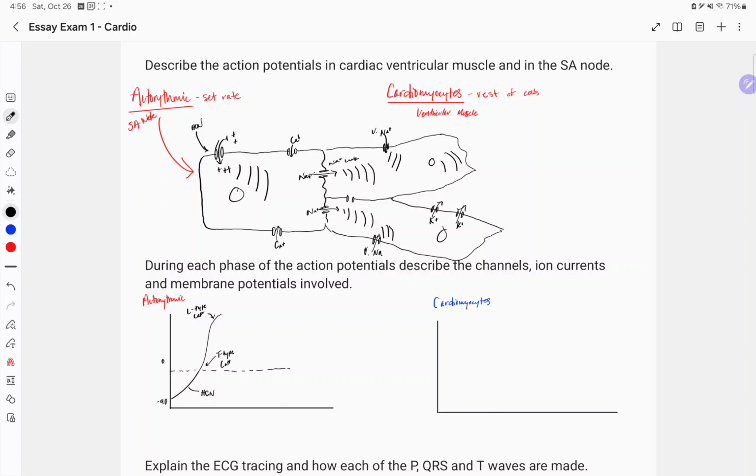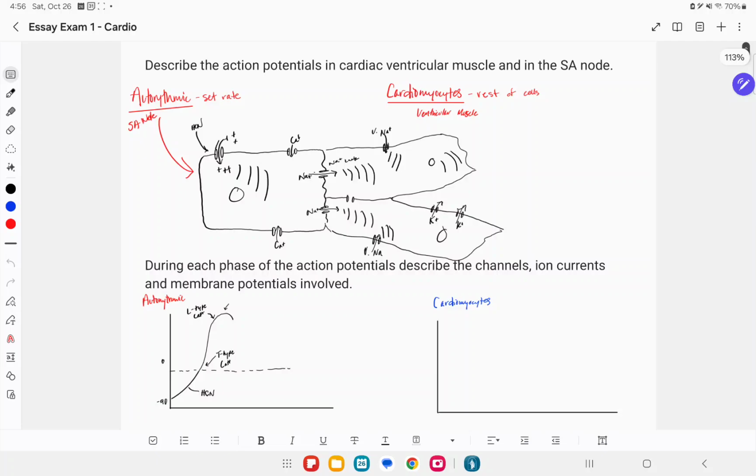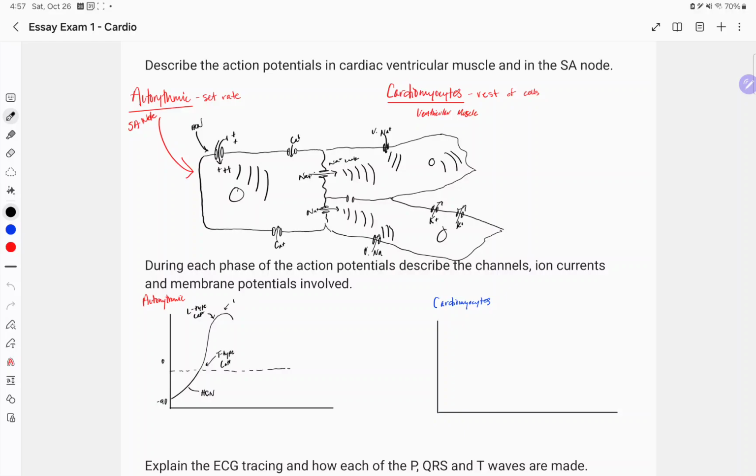But then at this point we also have our voltage gated potassium channels that are opening and letting out a lot of potassium.